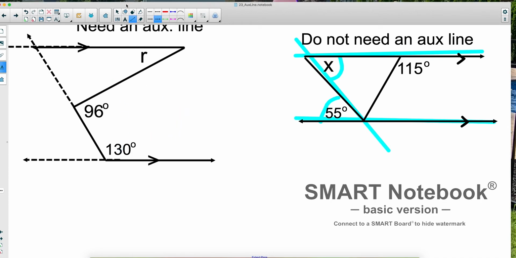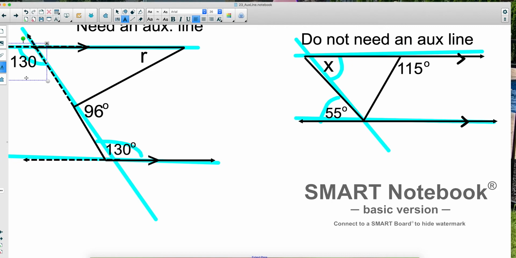And then once I do that, I can take a look at my parallel lines here and here, and this transversal. If 130 is here, its alternate interior angle is here. So I have 130 here. But again, I wouldn't have been able to do that if I didn't have this auxiliary line. And now I have this angle and this angle are a linear pair. So I can do 180 minus 130.